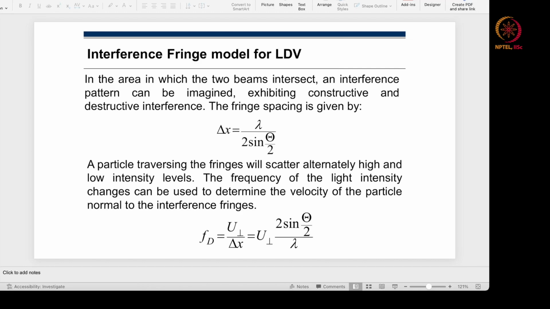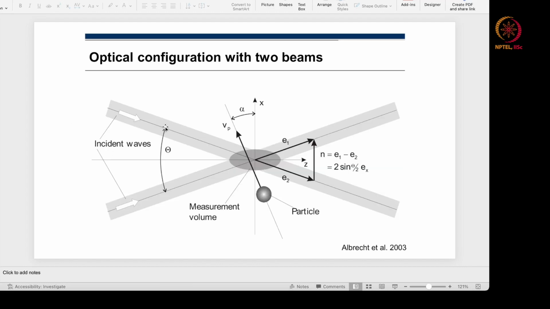So the interference fringe model is that in the area where these two beams intersect, an interference pattern can be imagined exhibiting constructive and destructive interference. The fringe spacing is given by delta x, which is lambda divided by 2 sine of half of the included angle. In this case, this is the whole angle, this is the half angle.